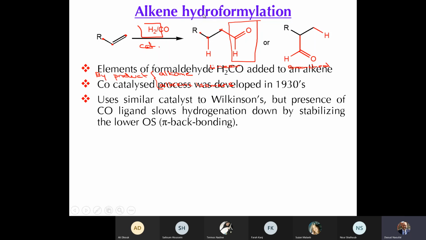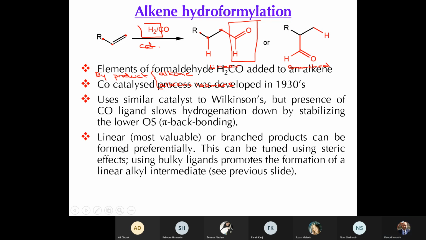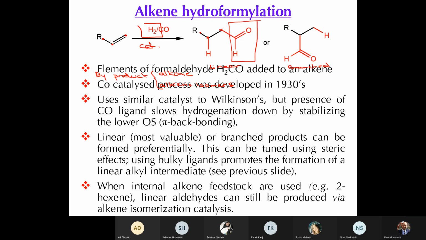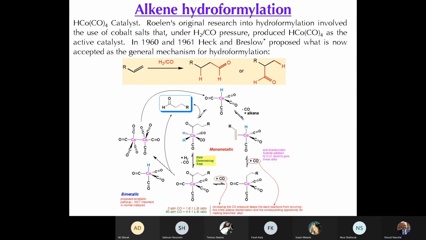When you need hydroformylation, so the appearance of the carbonyl functional group, think about catalysts of type cobalt or rhodium. I will explain the mechanism. So we start with the catalyst.